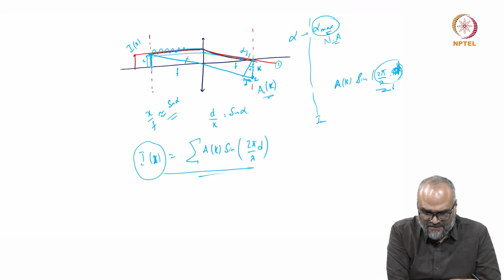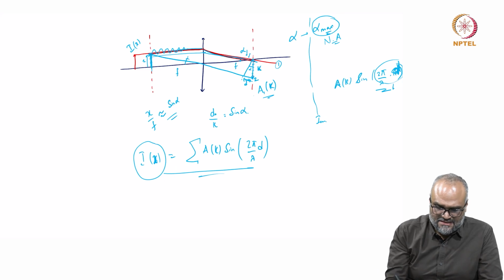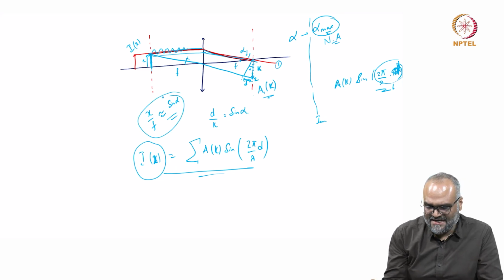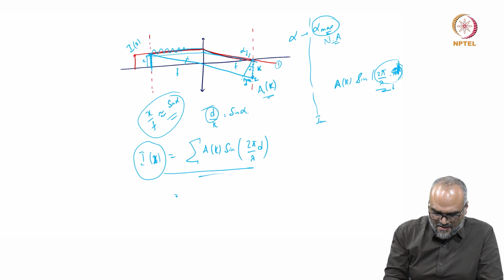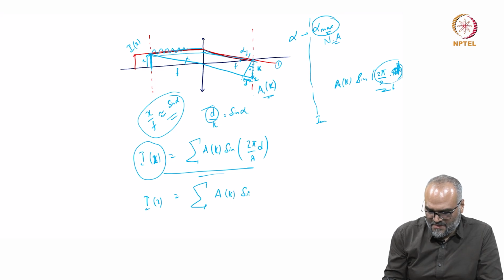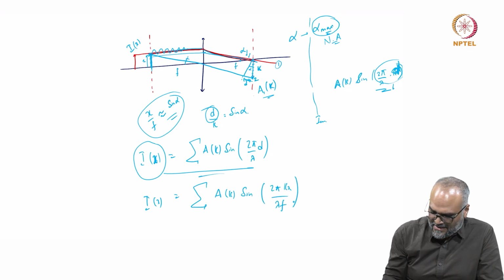Now, if I use this relation x by f is sine alpha and I plug that value for d here, I end up with an expression of the form I of x is sigma a of k sine of 2 pi k x over lambda f.